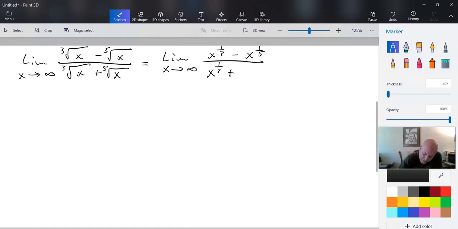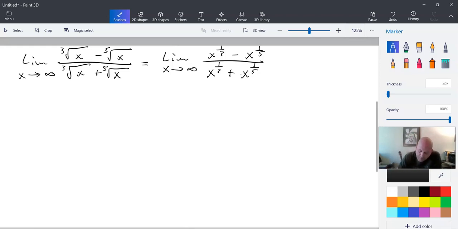That's not a bad idea, except it doesn't work, because multiplying by the conjugate only works if you have square roots, and these are different roots. So now that we have exponents here, it's really a matter of figuring out what we can do with them. And it turns out we use the exact same trick we used when we had a ratio of polynomials.